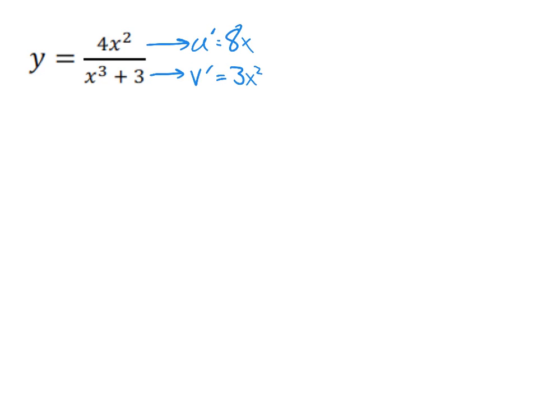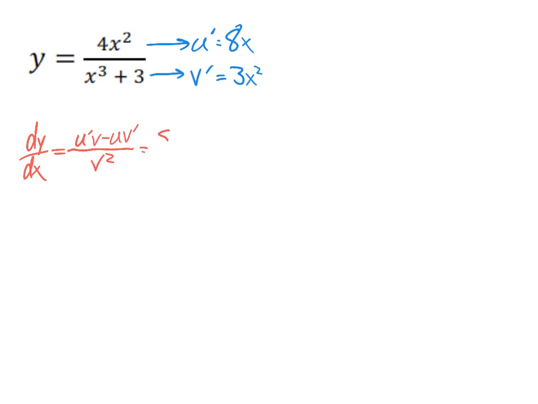So now, let's use our rule. Okay? dy dx is u prime v minus uv prime all over v squared.